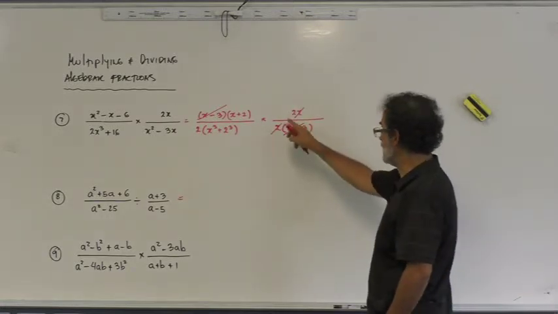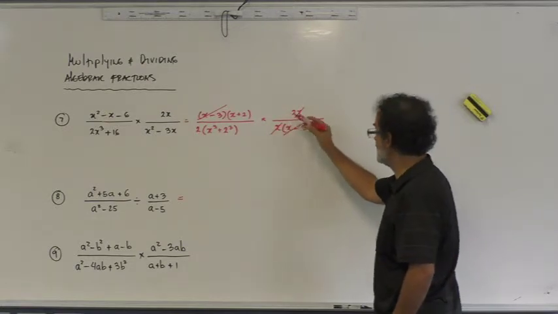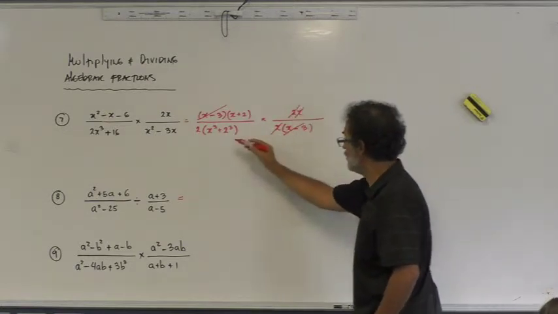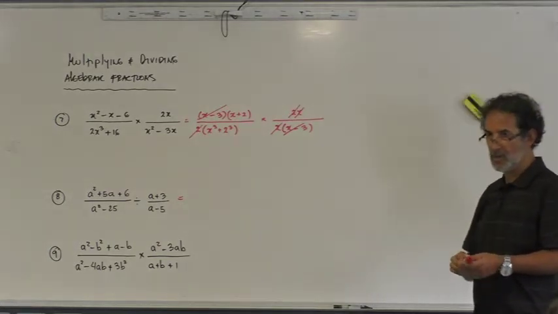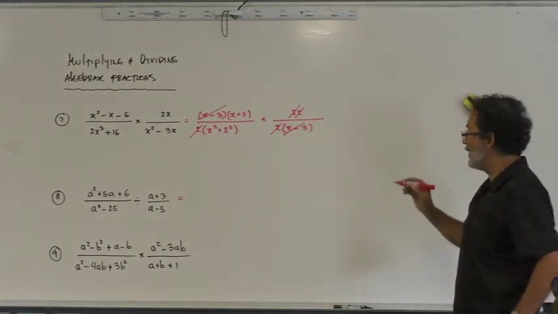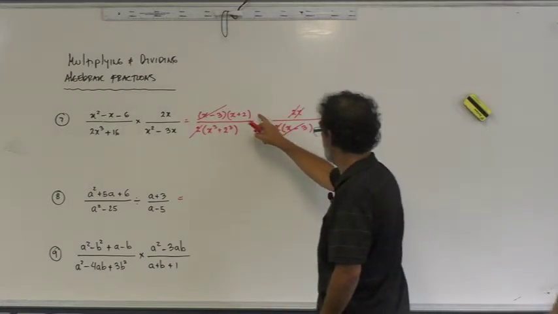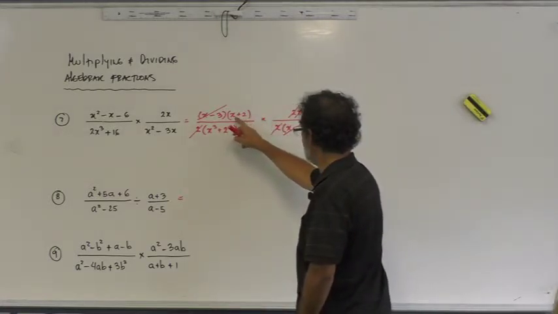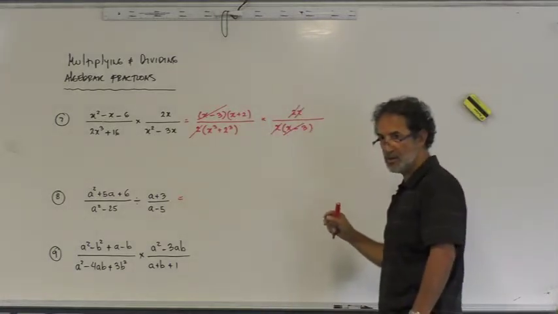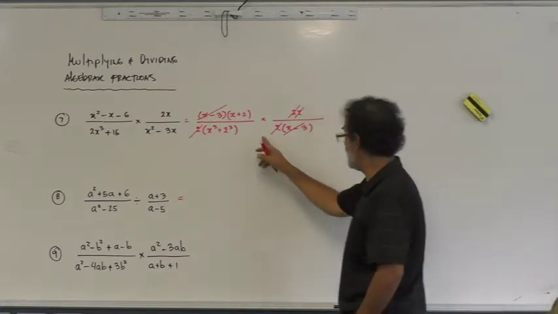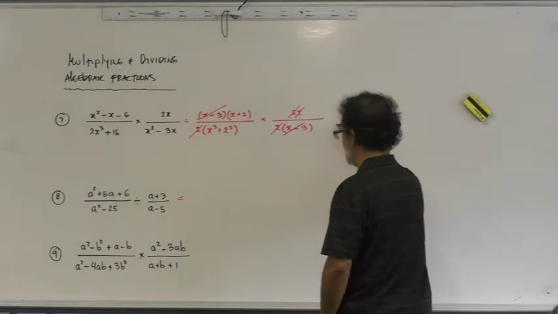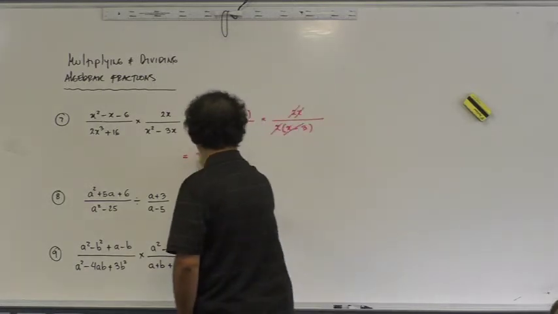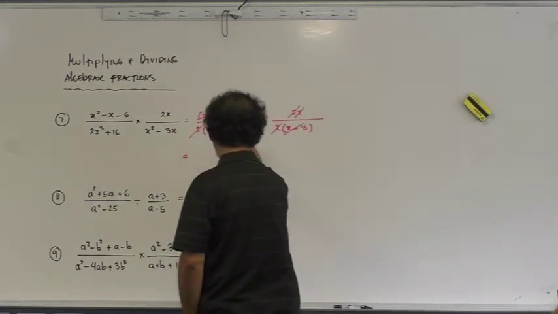And also, can you see that we can get rid of this 2 with that 2 in there? And then you can get rid of the x. All right, and now we're going to be careful. So we have x plus 2 on top. And at the bottom we have the sum of 2 cubes, so we're going to write it down.